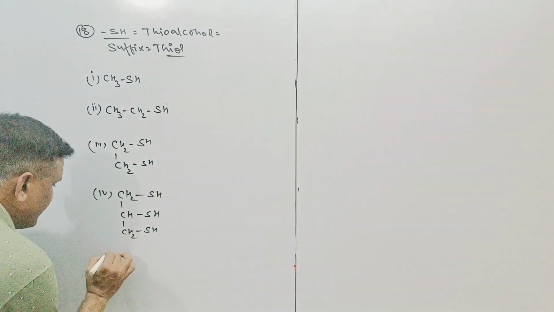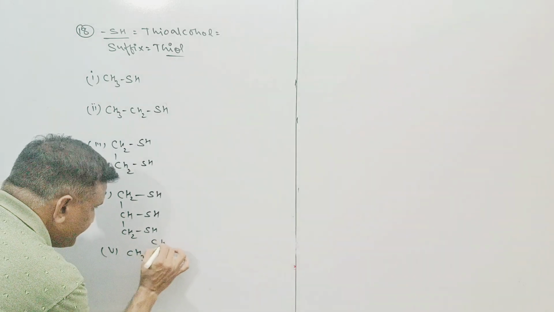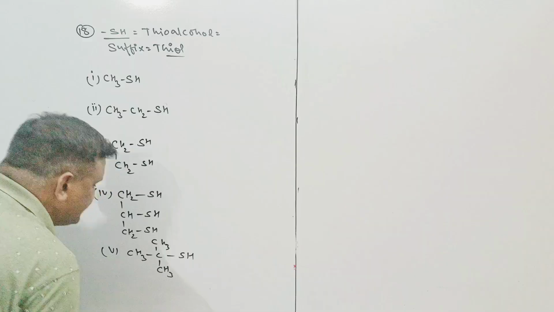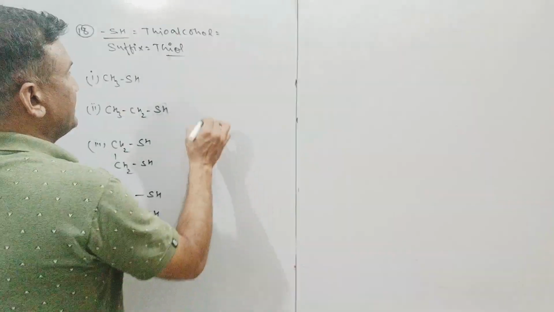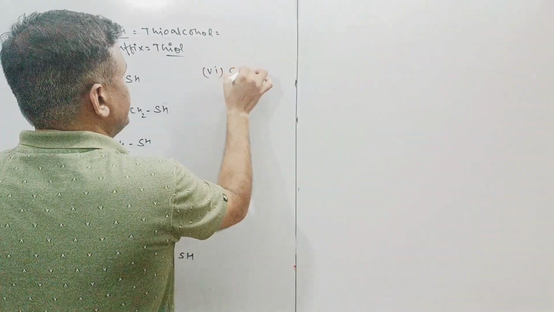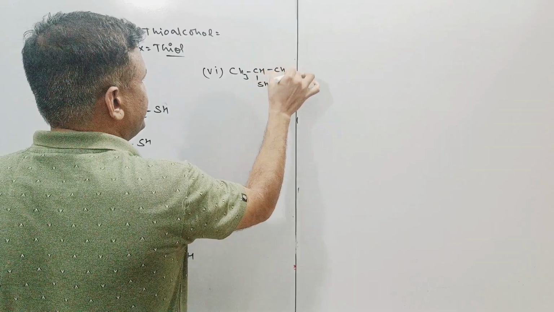As a fifth function group, we can take a complex chain CH3. This is the CH3, this is the SH. We can take the next compound also. This is the sixth compound, CH3, this is the CH, this is your SH and CH3.